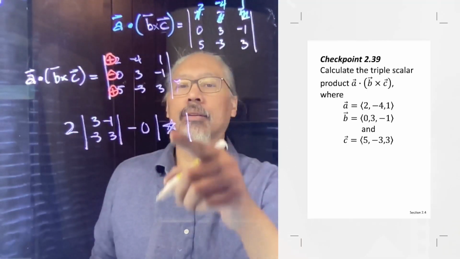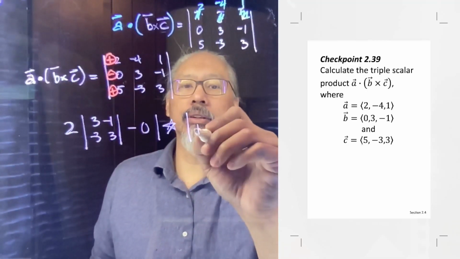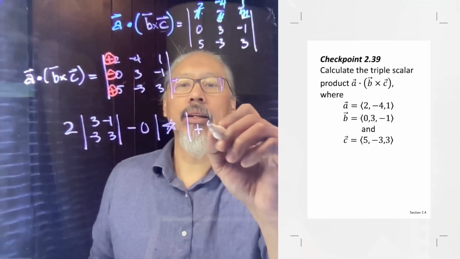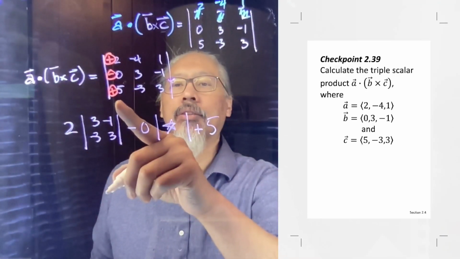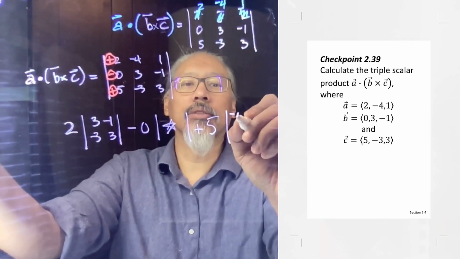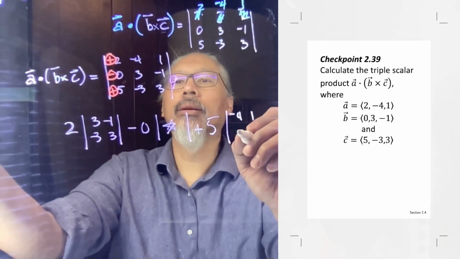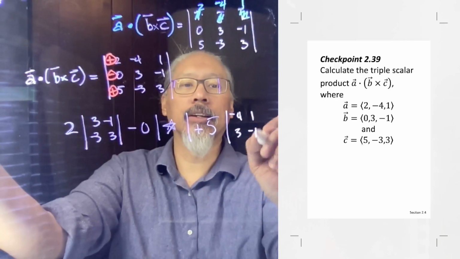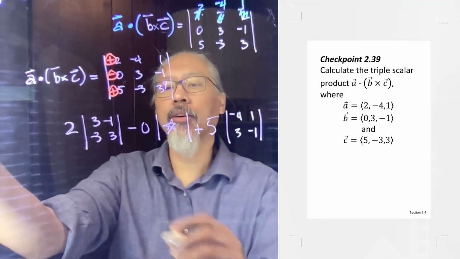You can, but I know that's going to be 0, so that goes away. And then the last one is a +5, and when you cross out the row and column, you have -4, 1, 3, -1 left over. Okay?